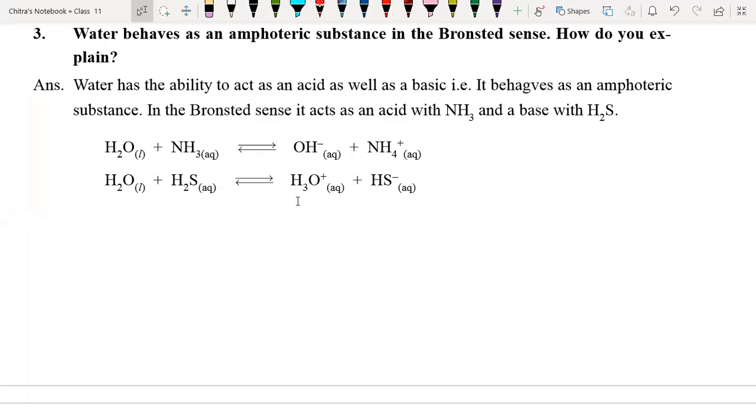Those non-metallic oxides that react with acid as well as base are called amphoteric oxides. We can't say whether they are acidic or basic. We would say the ability to act with acid as well as base is called amphoteric. Understood?